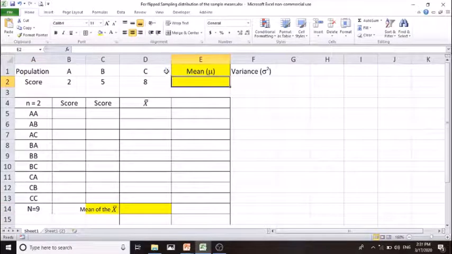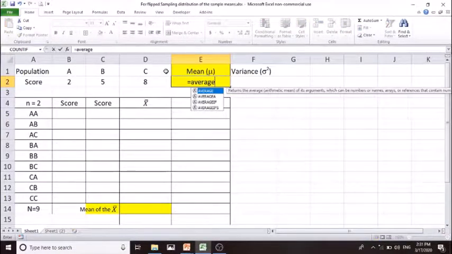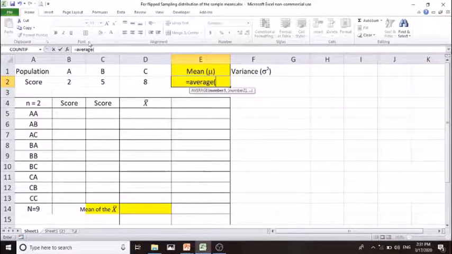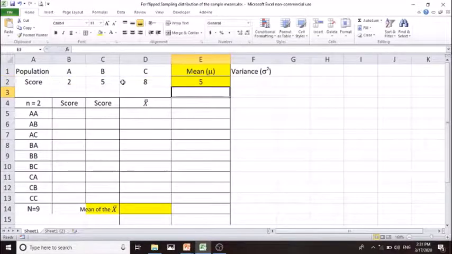Again, the mean of the ages of their cars is the average of these 3, which is 5. So the population mean is 5. We have a sample size n of 2 here and a total of 9 samples.